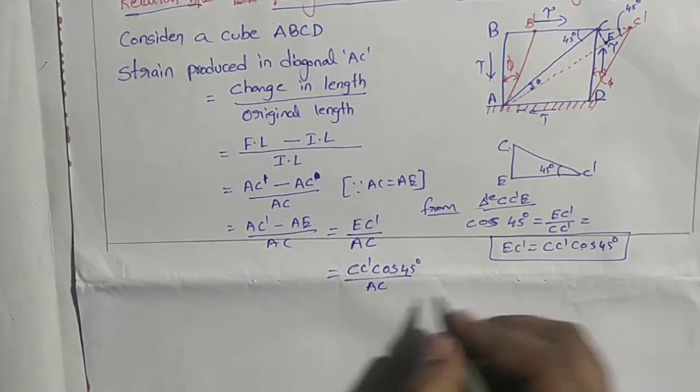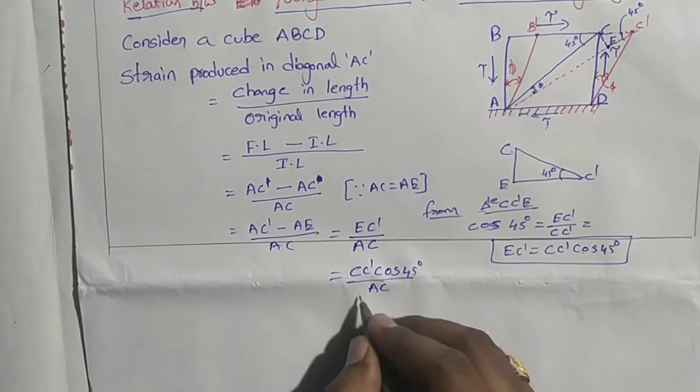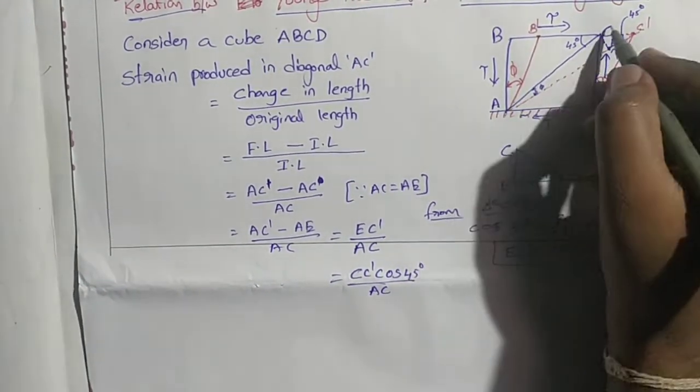Now I am converting this AC using triangle ACD.